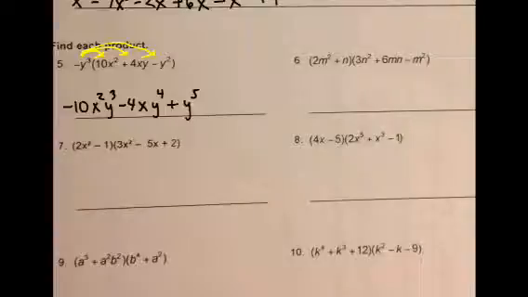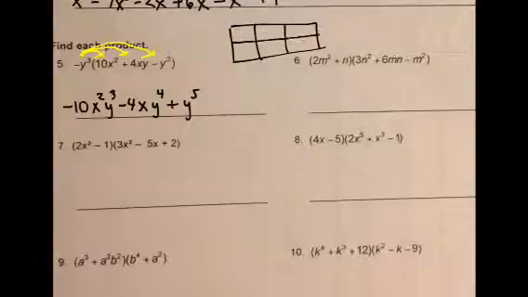Number 6, you can do a little 2 by 3. I'll put it here on the side. See if it fits. I know I didn't give myself a lot of room, but so 2m squared and n, and then 3n squared, 6mn, and negative m squared. So I'm going to multiply.